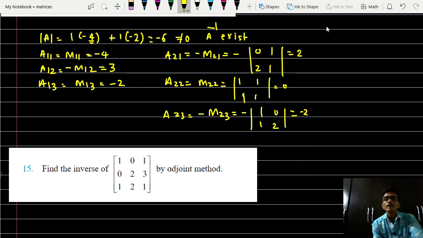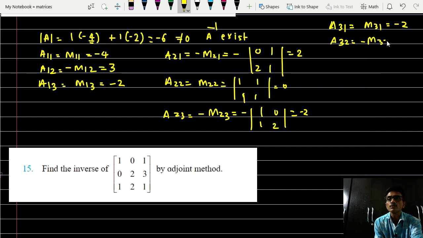Then we find A31 is equal to M31. What is the expansion? थर्ड रो और फर्स्ट कॉलम डिलीट करना है: 0, 1 और 2, 3. इसका एक्सपेंशन, so it is minus 2. देन A32 is equal to minus of M32, which is थर्ड रो और सेकेंड कॉलम डिलीट करना है: 1, 1, 0, 3.